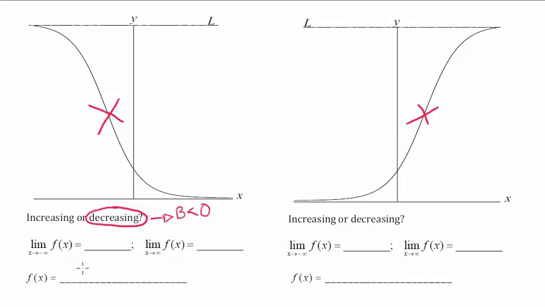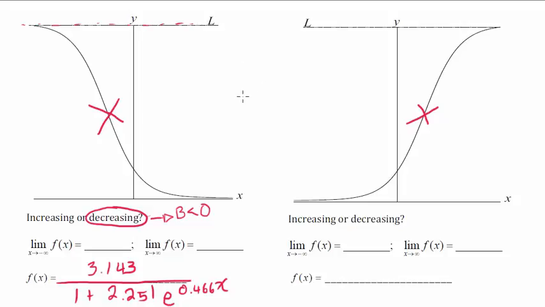So if we were to write this equation, we would get 3.143 all over 1 plus 2.251 e to the 0.466x. Okay, and for this case, when I go to the left forever, I'm getting really close to this limiting value here.